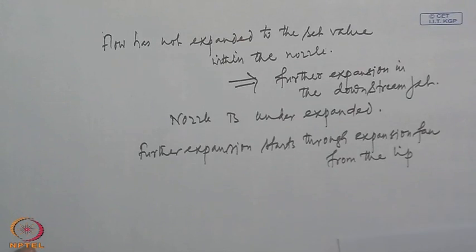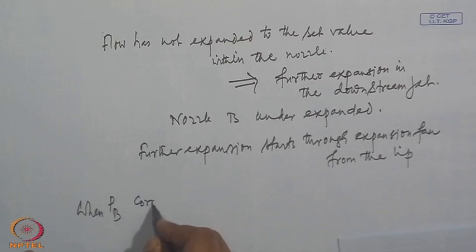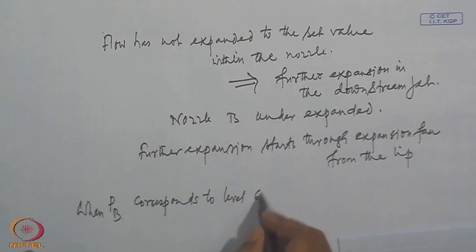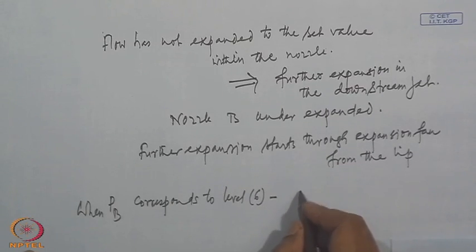So, when P b corresponds to level 6, nozzle is fully expanded.